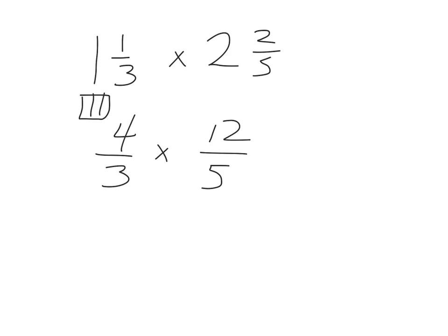At this point, I can proceed like I did before, multiplying my numerators times each other. 4 times 12 is 48, and 3 times 5 is 15. Now to change this back into a mixed number, I'm going to see how many groups of 15 I can make, or how many whole numbers I can pull out of that 48. So 15 fifteenths would be 1 whole.